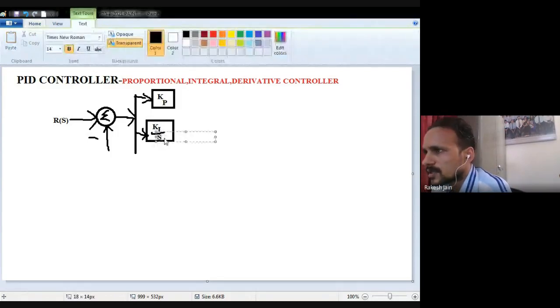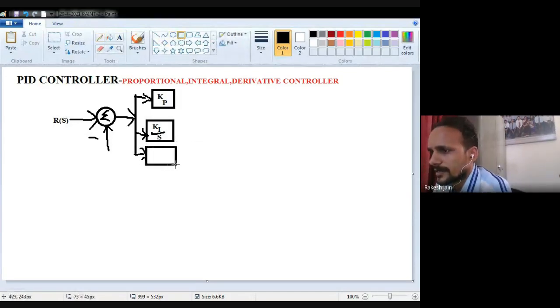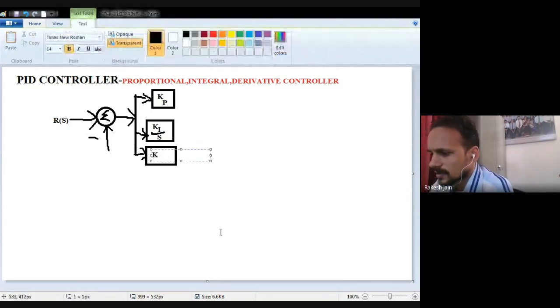And the third one is the derivative, that's why Kd s.